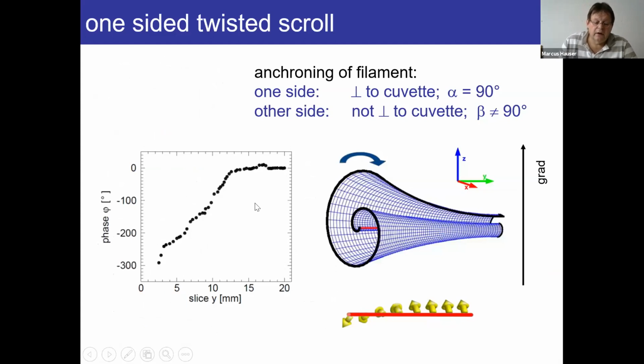What's the phase of this filament starting at 0 here at the one end, and how much is it twisted? So we have a twist in our experiments of around 300 degrees. If you just say, okay, this is the filament, you arbitrarily set one angle at 0, and then you see the difference, and then you see this twist arising.